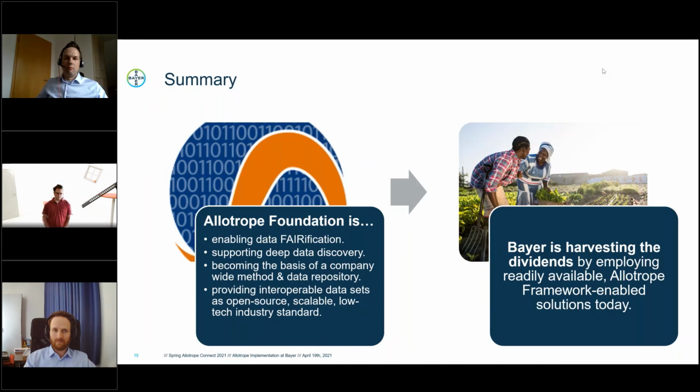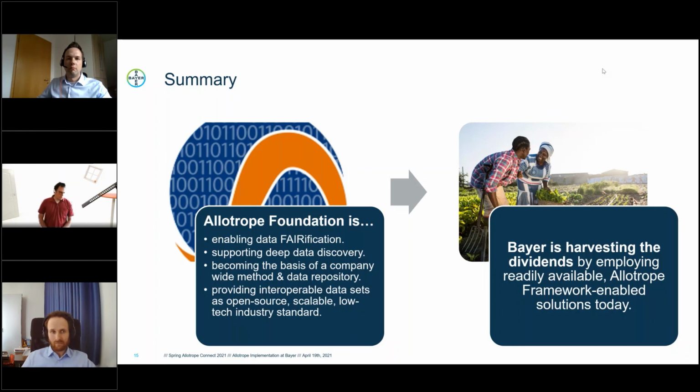I saw definitely the Allotrope format being used to send information into those applications. Are you also using Allotrope or Allotrope-inspired terminologies and data models to structure the information in your LIMS and ELN as well, expanding beyond the instrument domain?